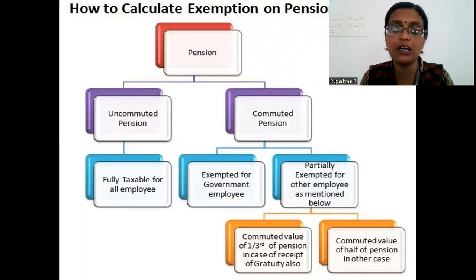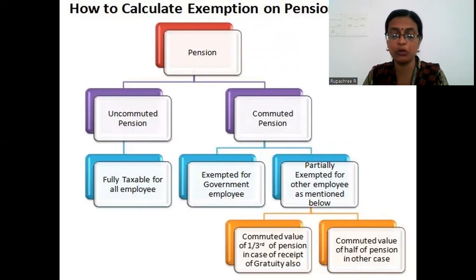As seen earlier, pension can be of two types: uncommuted pension and commuted pension. Uncommuted pension refers to the amount of pension that you receive on a monthly basis. Whether you are a government employee or a non-government employee, the pension you receive on a monthly basis is fully taxable under the head income from salaries.